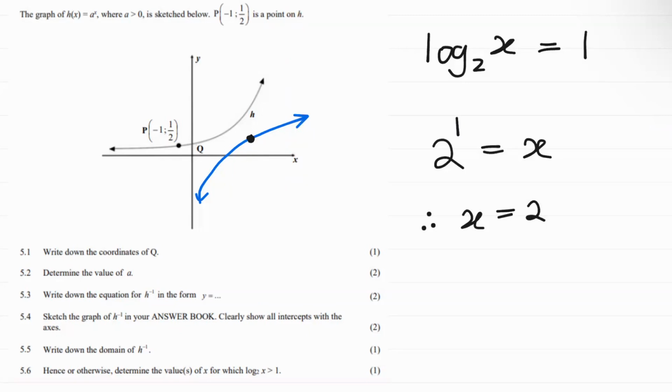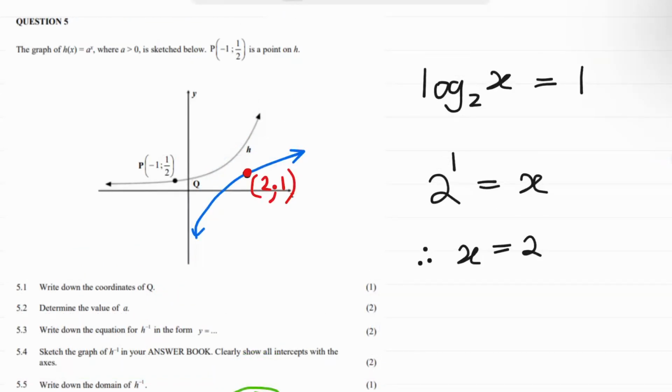That means that the x value for that point is 2, and the y value is 1. Where is the function greater than 1, right? Where is log base 2 of x greater than 1? Well, it's all the x values greater than 2.